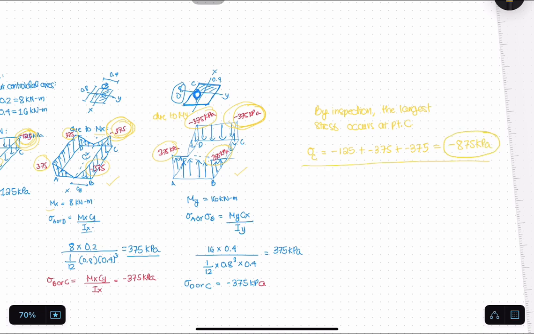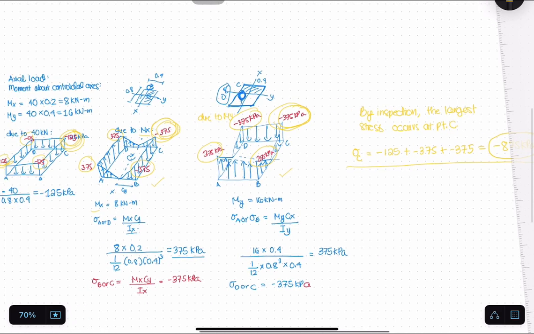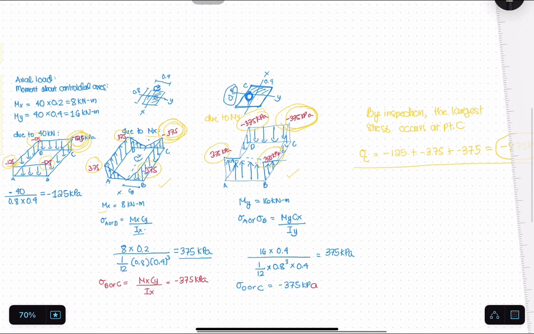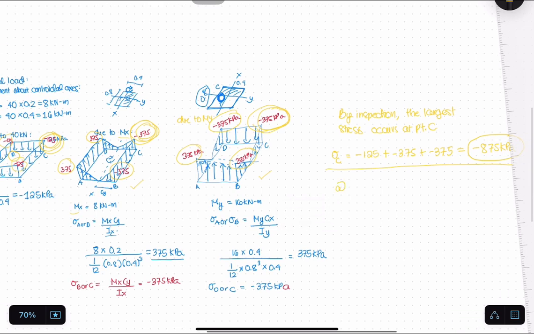Okay? So, kung gusto nyong i-verify kung totoo ba yan, so, consider kayo ng isang point at point D. So, at point D, ang nararamdaman niya na stress is the algebraic sum. Una is negative 125. Tapos, ito pala, plus 375. Diba?